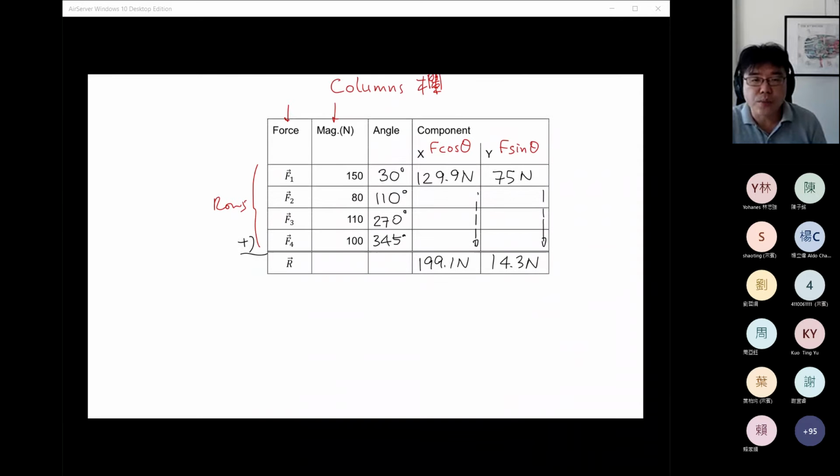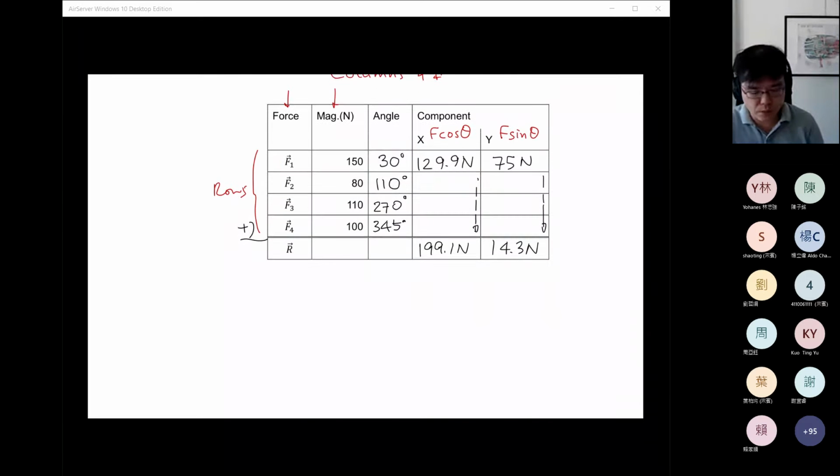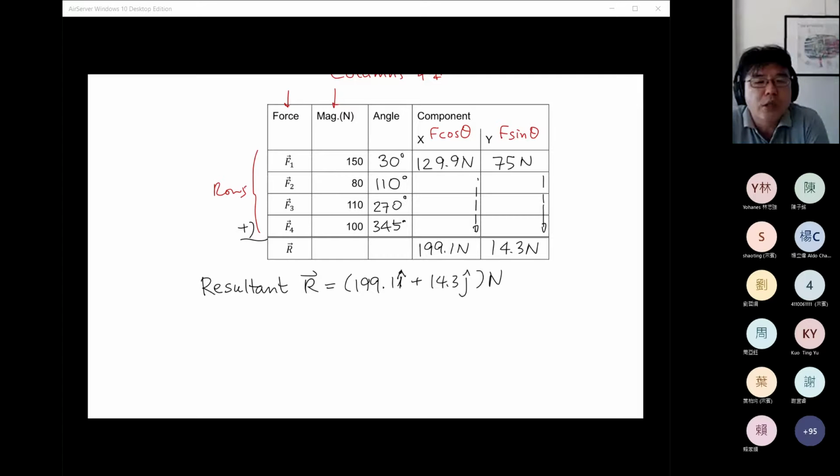I assume you are okay with this. Next, we can write down the resultant. This is the resultant.